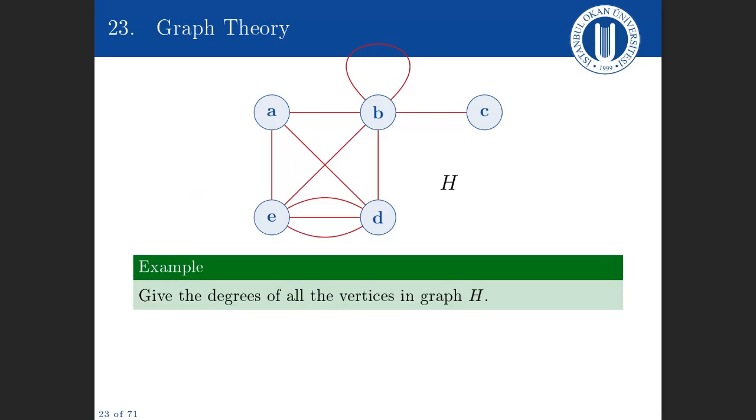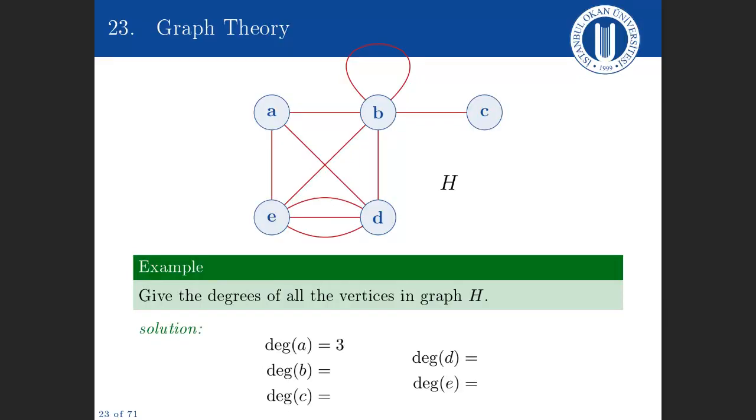Let's do another one. Here's a graph which I'm calling graph H. Give the degrees of all of the vertices in graph H. This time we've got 5 vertices, and for each vertex we need to count the number of edges. At A, 1, 2, 3.